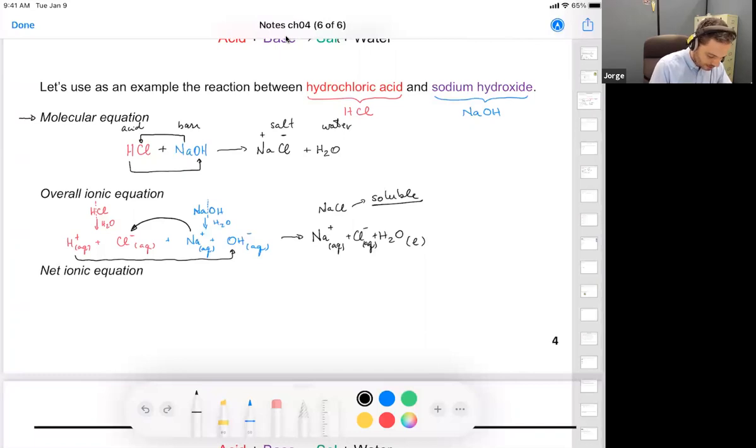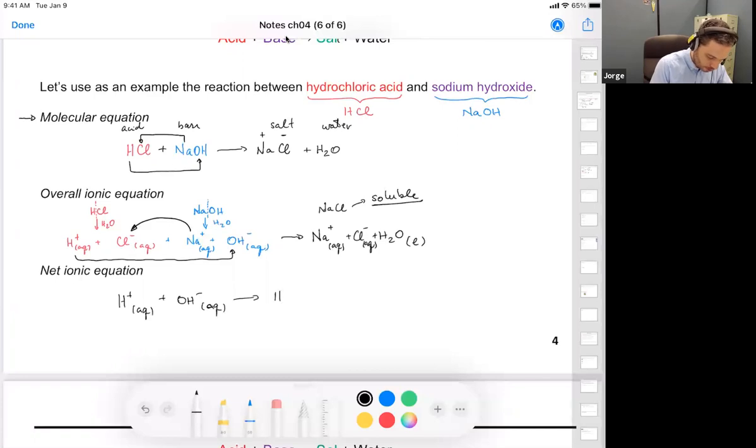H plus, there is H plus in the reagent side, but there is no H plus in the product side. It has to be exactly the same thing. So we cannot cancel. And OH minus also in the reagent side, but not in the product side.